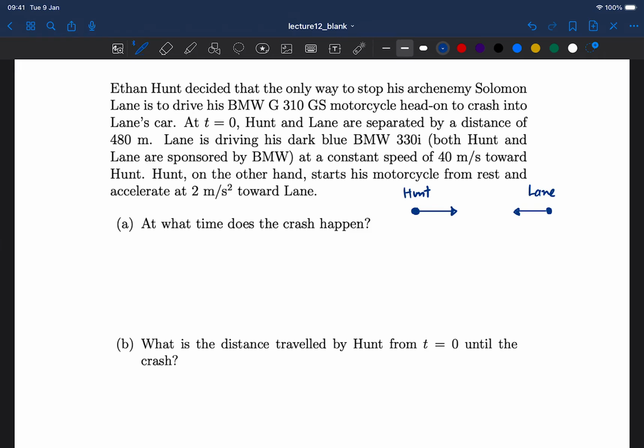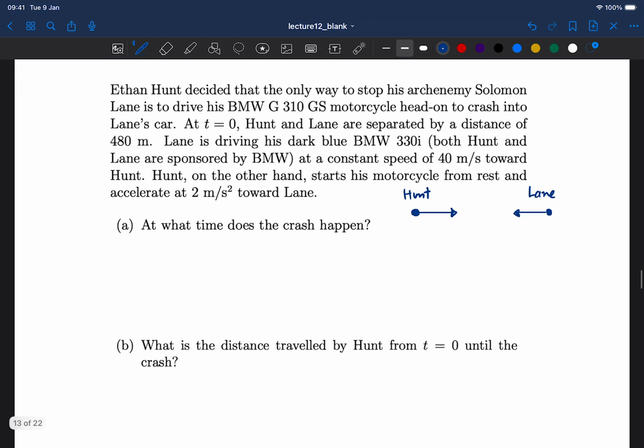And one of them is accelerating, the other one is constant speed. So Lane is constant speed at 40 meters per second. And Ethan Hunt starts from 0 but accelerates with 2 meters per second squared.